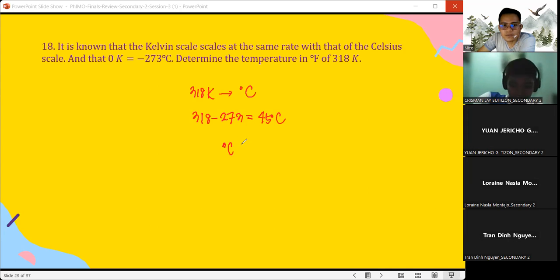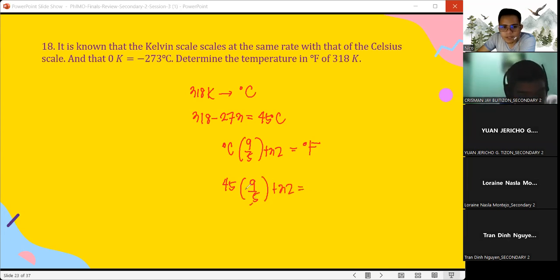Celsius times 9 over 5 plus 32. So 45 times 9 over 5 plus 32. That is 81 plus 32, 113 Fahrenheit. So this is the answer.